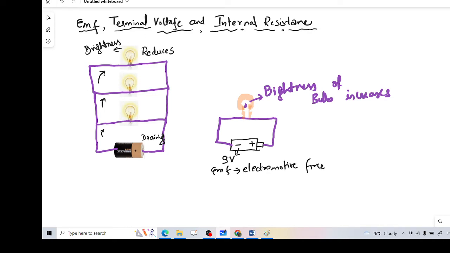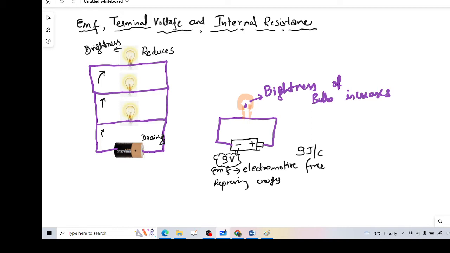What it represents is energy. If it is mentioned as 9 volt, this means it is producing 9 joule per coulomb of charge. That much energy it is producing.